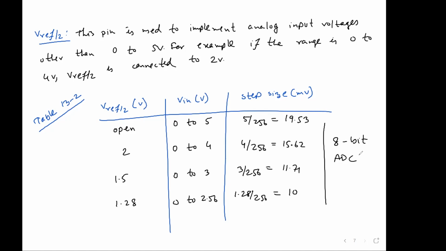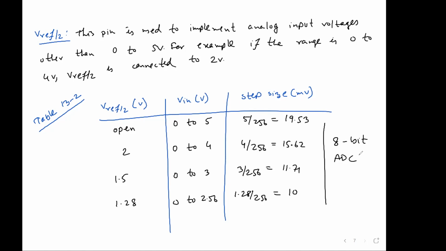What happened to Vref at this point if we are using Vref by 2? What is the use of V reference pin? V reference pin or V reference by 2? Which pin? There is no V reference pin. I don't think there is any VREF pin. There is VREF by 2, but there is no pin as VREF.